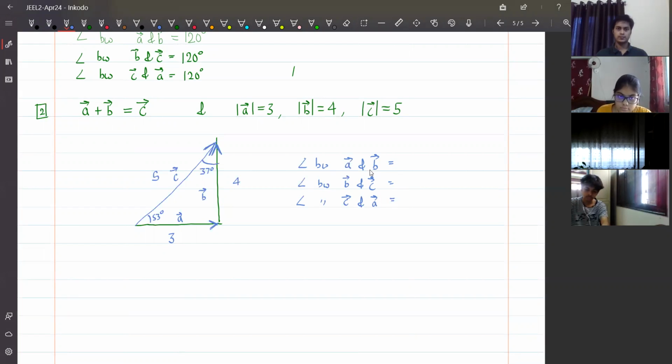So 90 degrees, the angle between A and B. Yes, sir. B and C? So 143 degrees. In B and C, both the heads are at the same point.